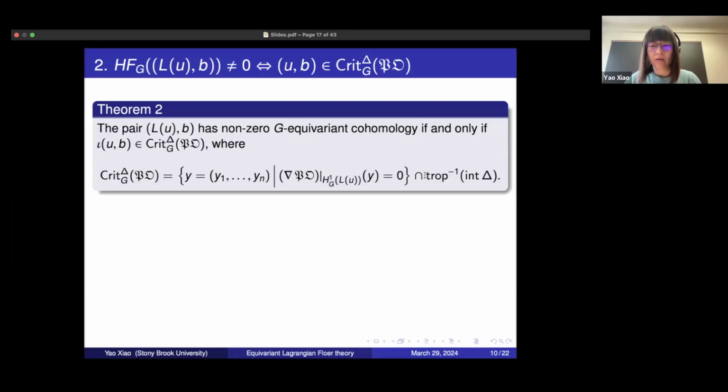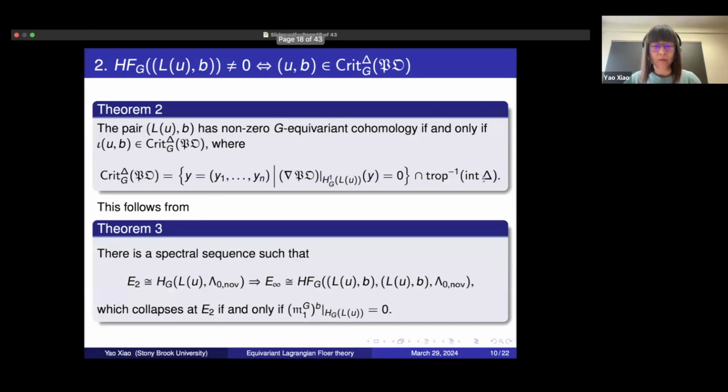And of course, I only want to consider Lagrangians that are torus fibers of the interior of the polytope, so I need to intersect the solutions with trop inverse of the interior of the polytope.